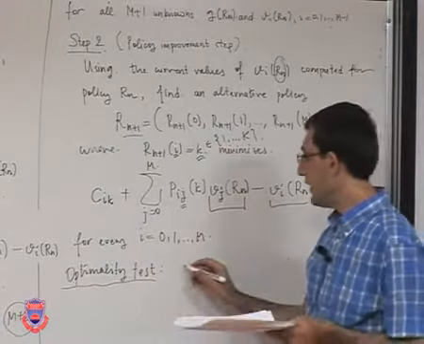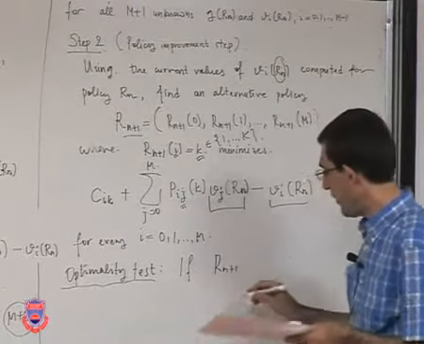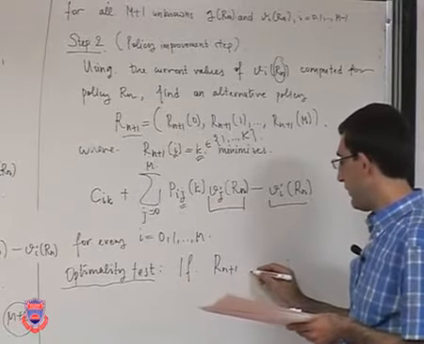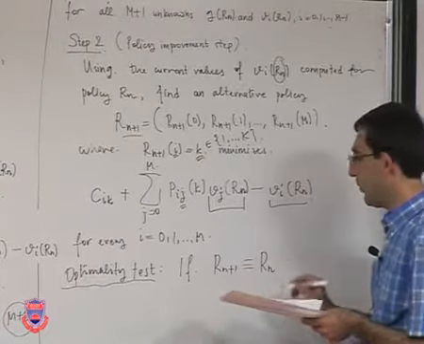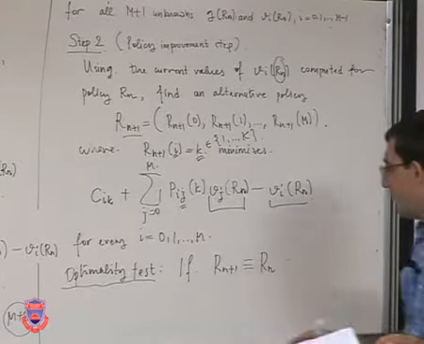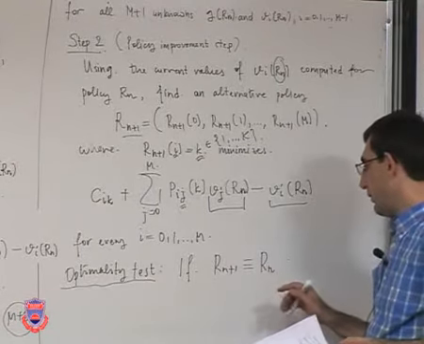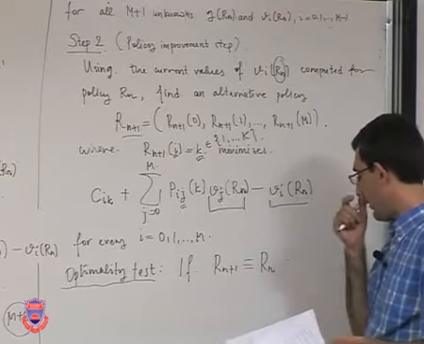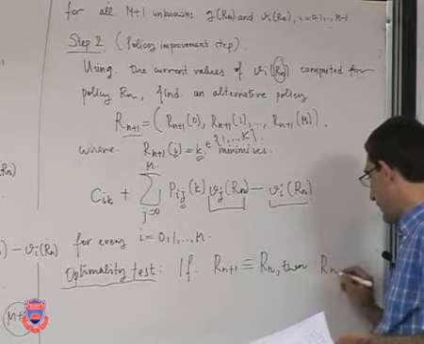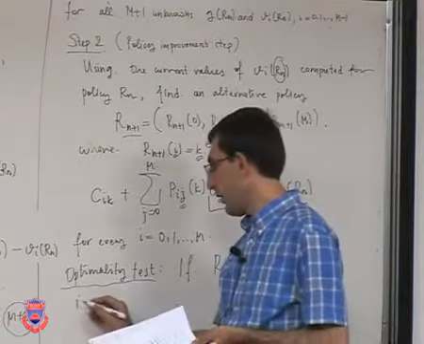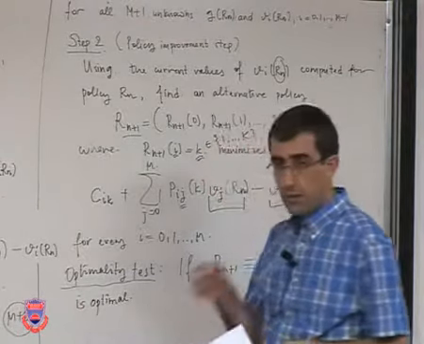What we do is we check whether the new policy, Rn plus 1, is different from the policy just before it. If Rn plus 1 and Rn are identical, then policy Rn is optimal, and we stop at this point.